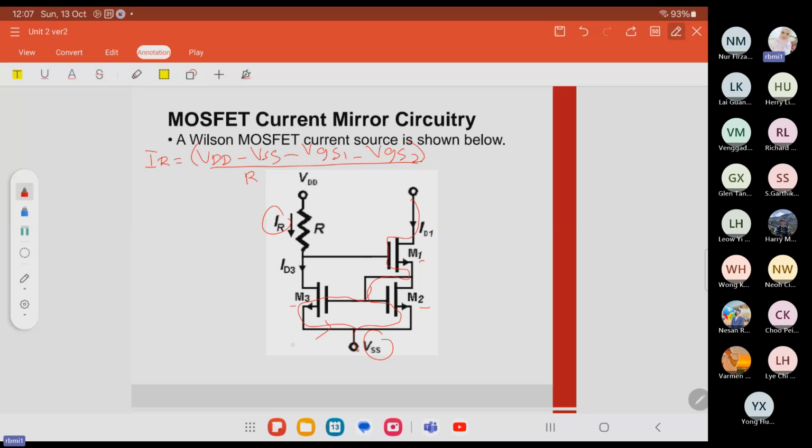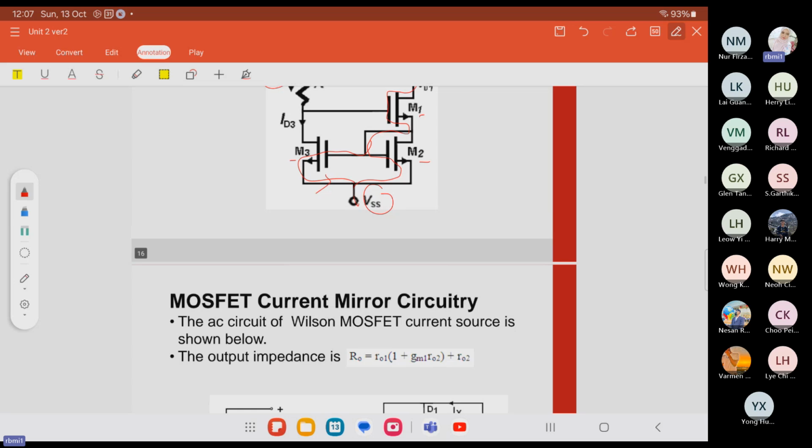So this is for the Wilson MOSFET current mirror.